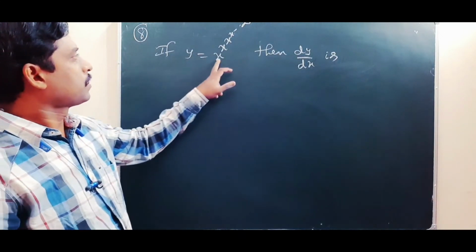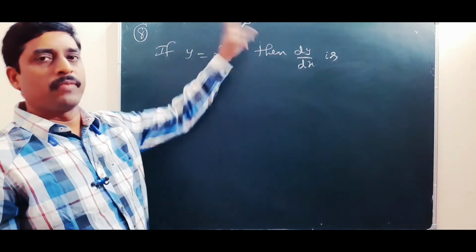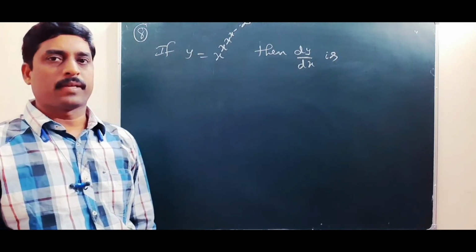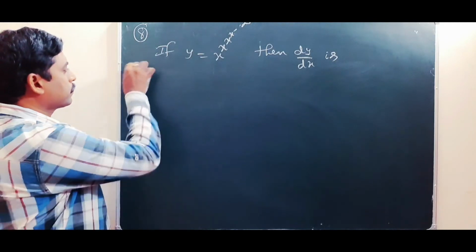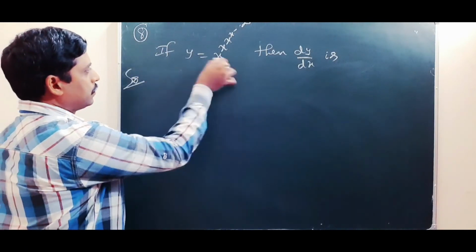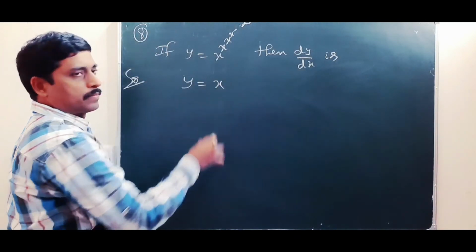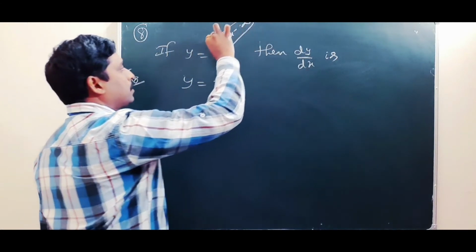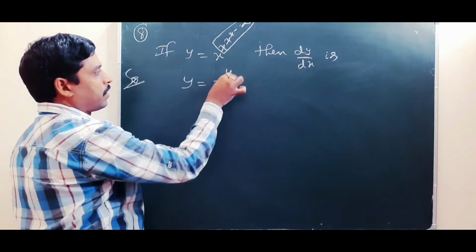So y is equal to x to the power x to the power x up to infinity terms. Then we have to find dy by dx. Now let me explain according to the process. y is equal to x to the power x to the power x up to infinity terms. In place of this we should write y.